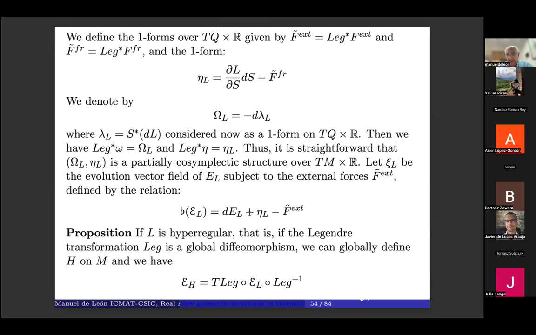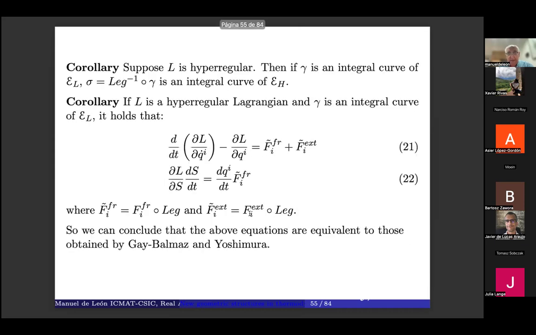And we can consider the evolution vector field for this partially cosymplectic structure. Omega L is closed because it's exact, but this eta L is not closed. But even so, we have the relation between the evolution vector fields on both sides. And we can consider the corresponding, I will call it Euler-Lagrange equation, but it's something more general.